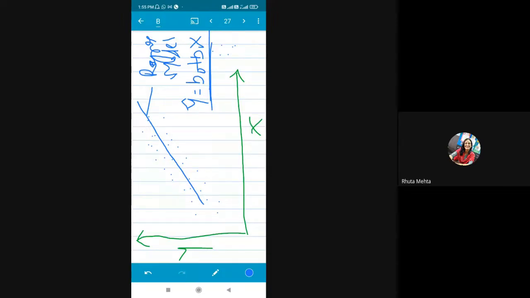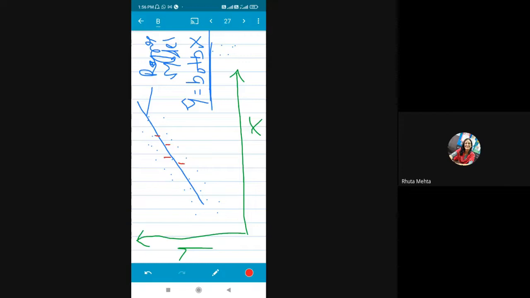What is y hat? Y hat is the predicted value of y. Mind well, we are using the word predicted. It means it's not real. It is predicted, that's why it's y hat. Now, you can see the blue dots; how far is our line from them?